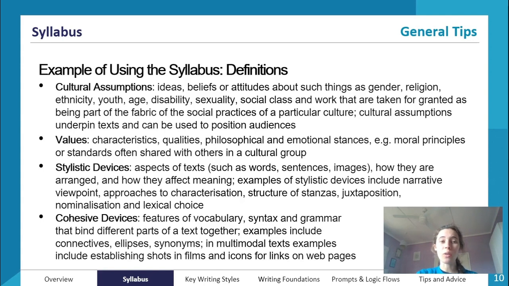And so they had far different cultural assumptions about the way that people should be treated when they were of color and those sorts of things. So that's part of the fabric of the social practices of a particular culture. The way people were treated, the way they saw one another, is all about their beliefs and attitudes and assumptions about other people.